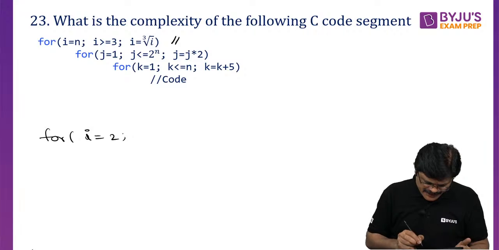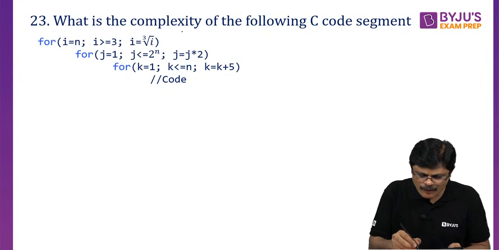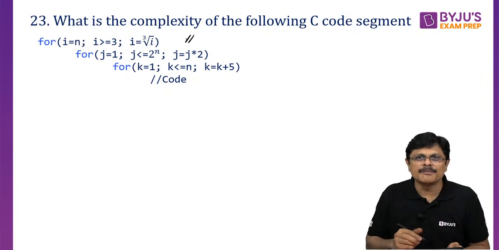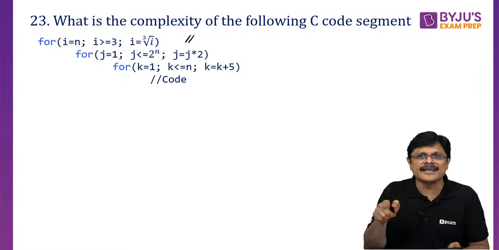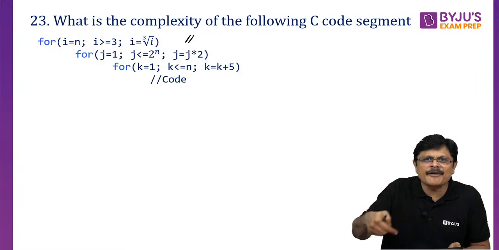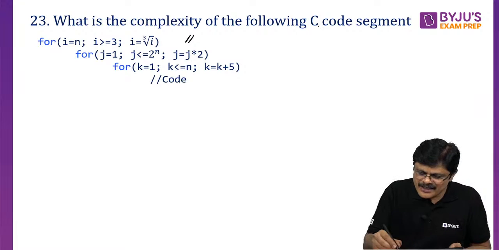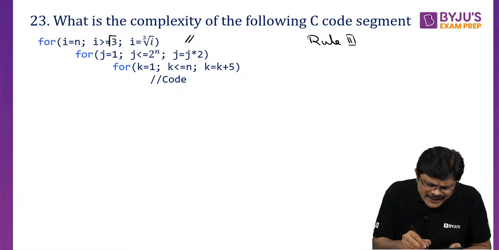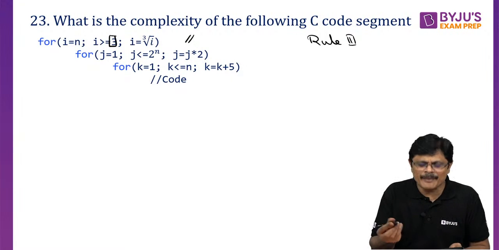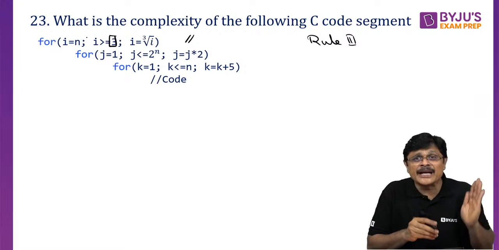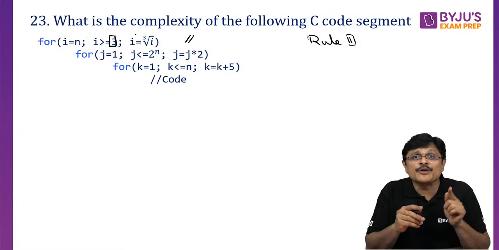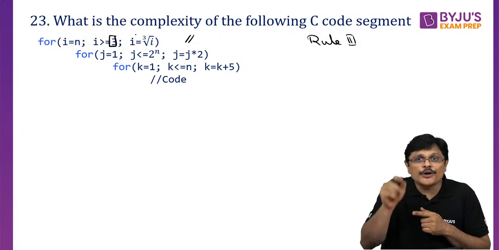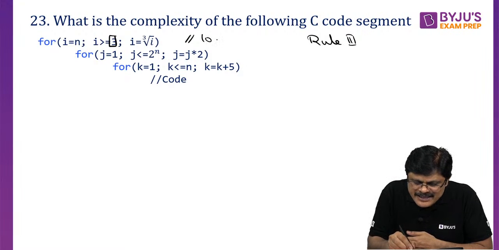So now we understand this. Now let us solve this problem. So what is the first one? Outer loop. Because they are independent, I am directly writing. Otherwise we generally need to start from inner to outer. So here I apply rule 3. Just now I explained rule 3. So according to rule 3, whether it is 2 or 3 does not matter, sir. According to rule 3, because from n you are going down to 3, and every time you are taking the cube root of i, the answer for this is log n.